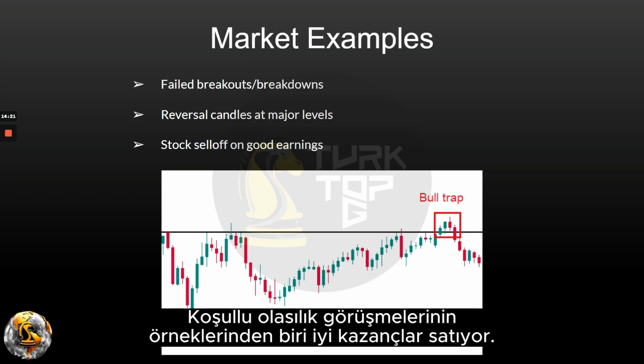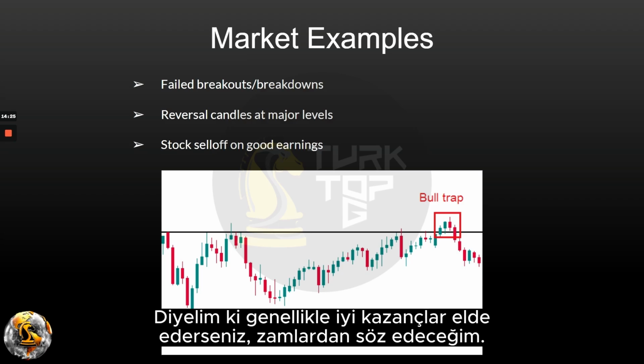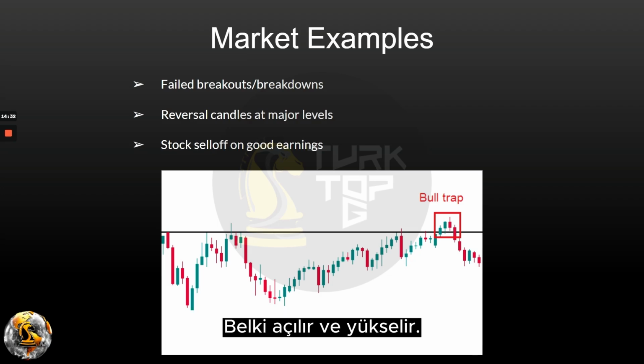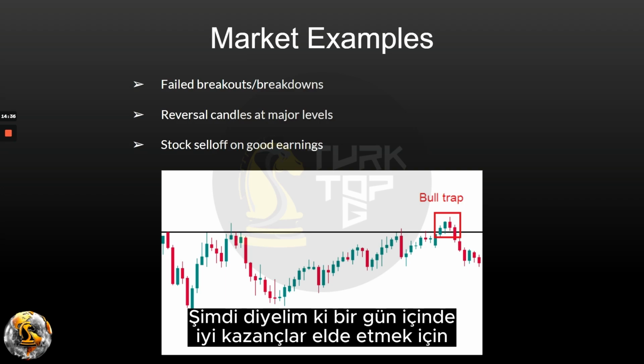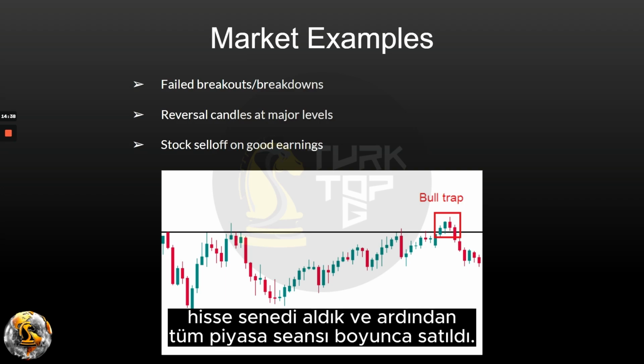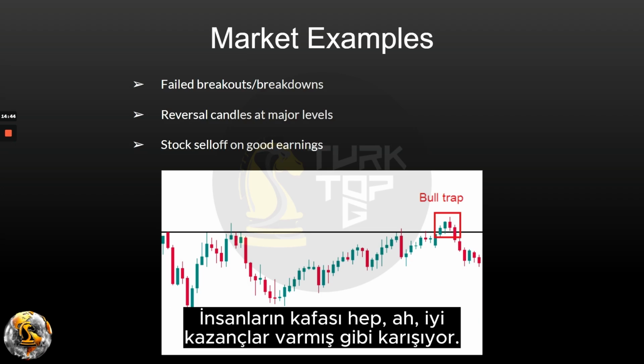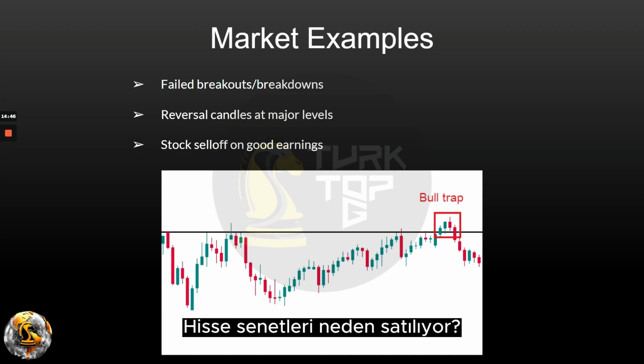Another example of conditional probability is stocks selling off on good earnings. Let's say usually if you get good earnings, a stock rises. Maybe it gaps up and it rises. Now, let's say on one of the days the stock gapped up on good earnings and then sold off the entire market session. People are always confused, like, oh, there was good earnings, why the hell is the stock selling off?